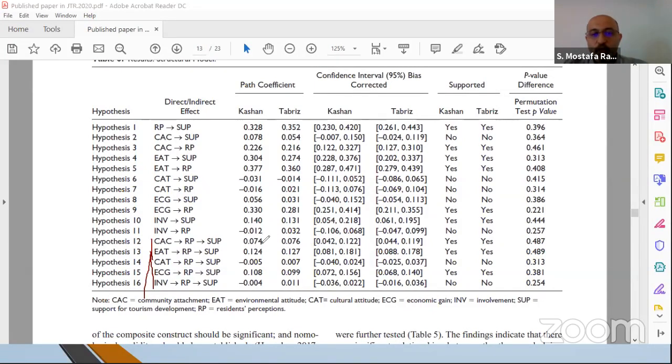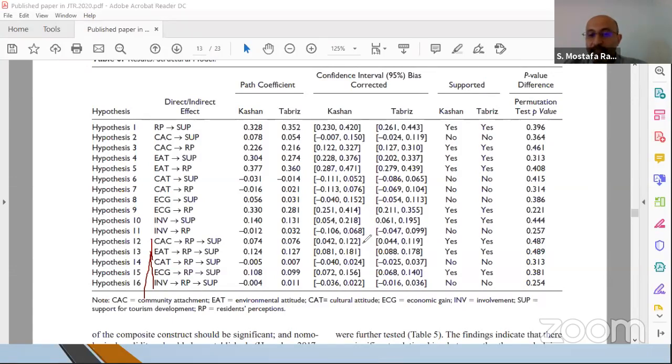For example, for the first one, we have two values because we had 2 different case studies, 2 different study areas. So for the first one the indirect effect is 0.074, and for the second one it is 0.076. And the confidence interval for the first one has a lower level of 0.042 and an upper level of 0.122.